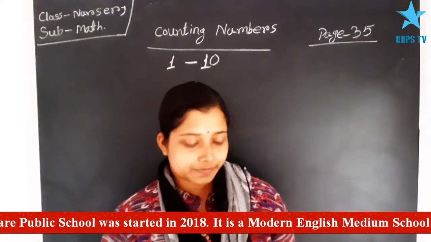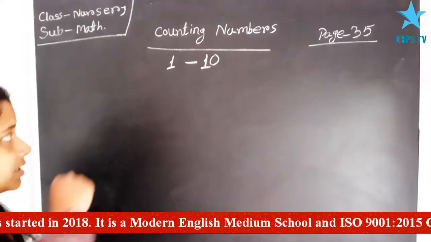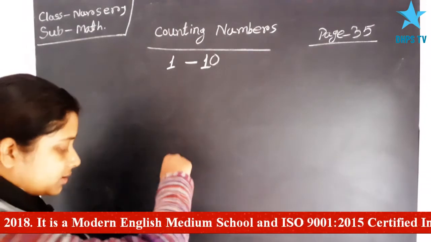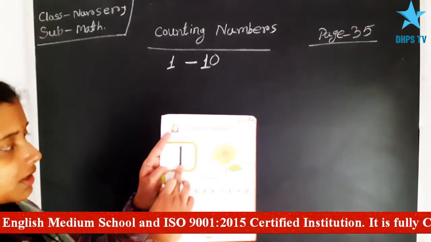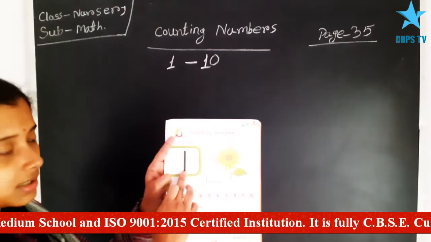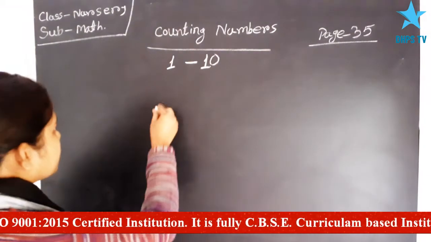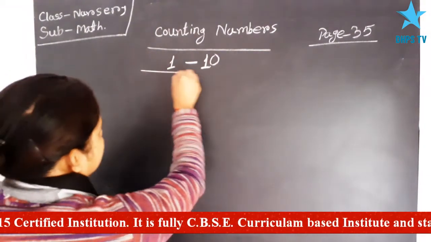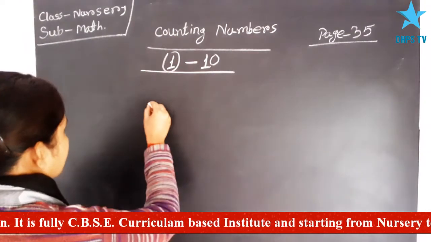So at first, the first counting number is 1. In the page 35, you can see the number 1. And now I am going to show you how to write the number 1.